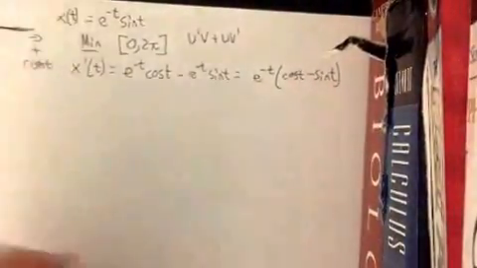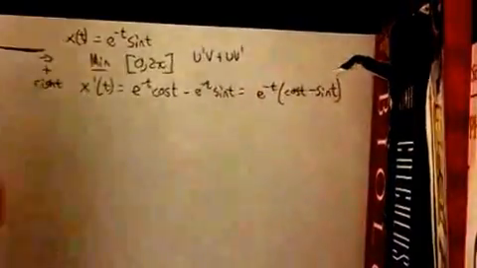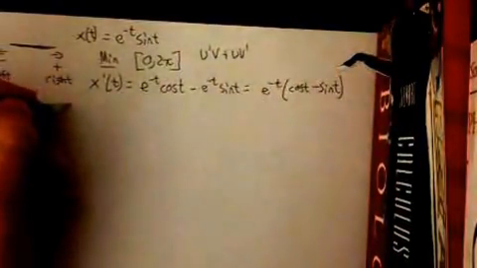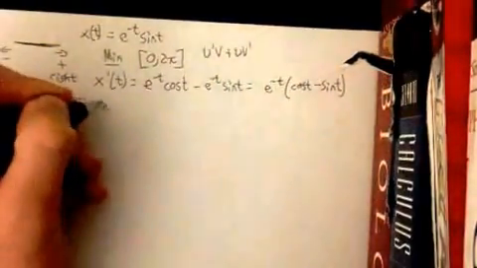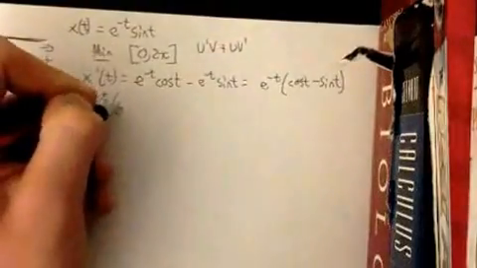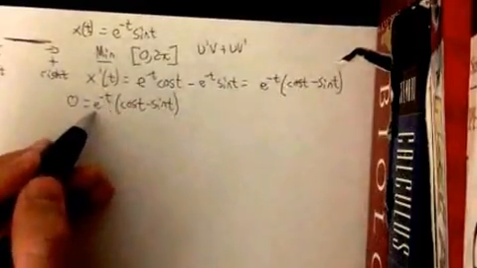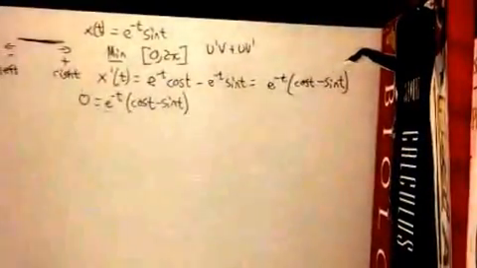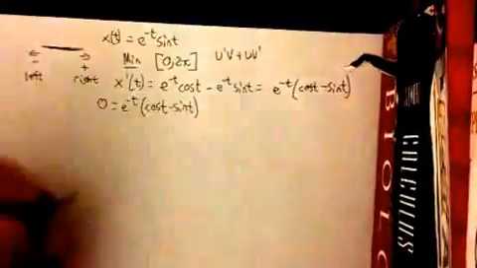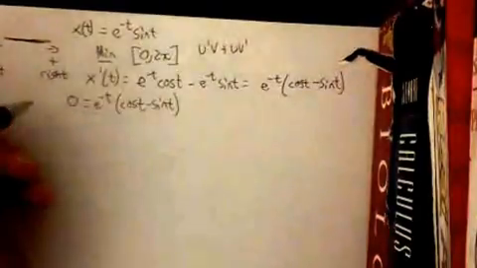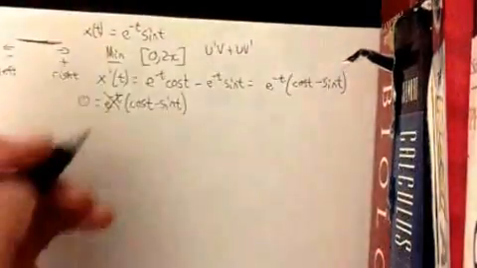Now we want to find that equal to 0. So setting equal to 0, e to the negative t is never going to equal 0 because it's an exponential. So we can just divide that on both sides and ignore it.